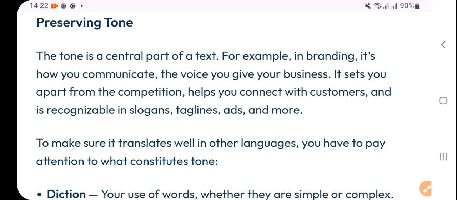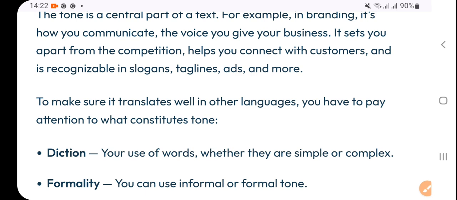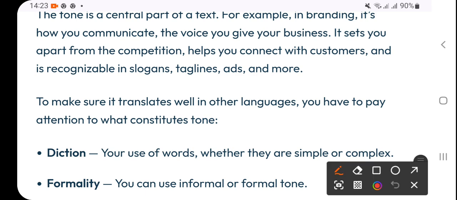So that's the important point. Tone, what kind of voice you are using, sets you apart from the competition and helps you connect with customers. So tone matters a lot, and is recognizable in slogans, taglines, and more.